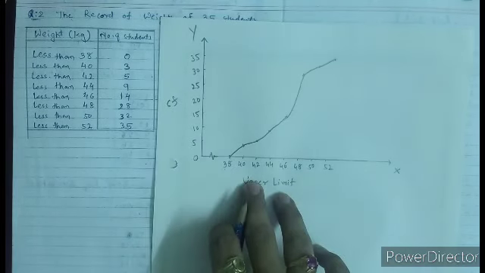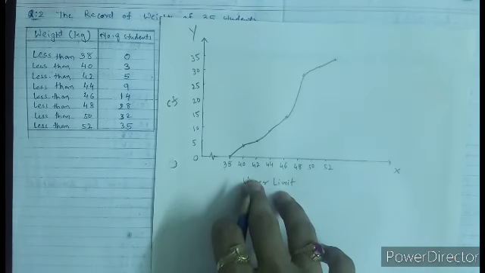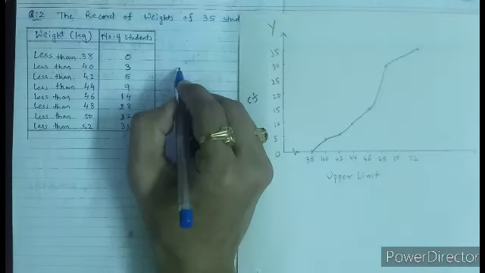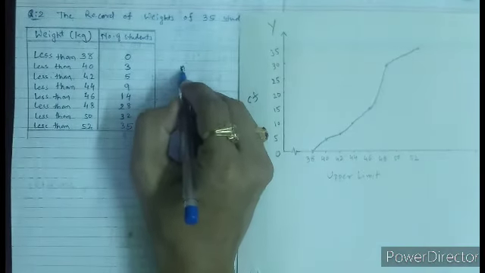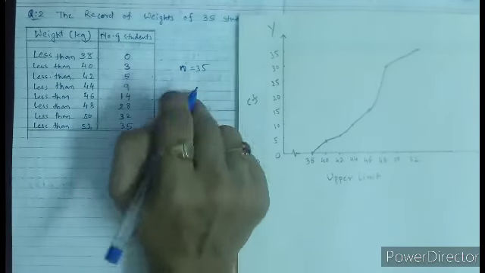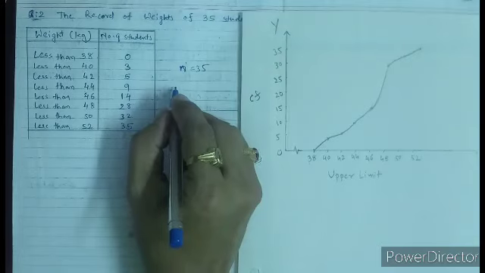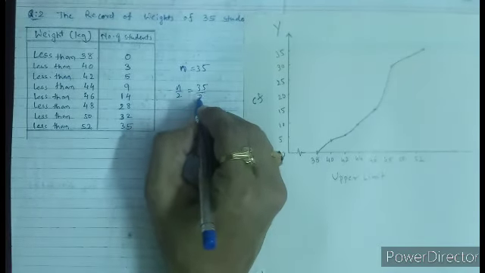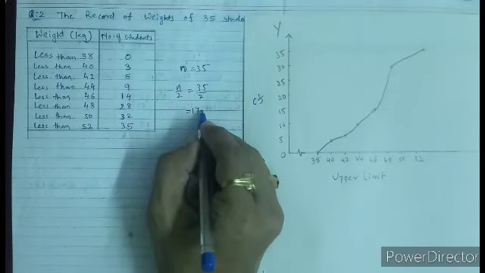In case of OGIVE, to obtain the median from the graph, first of all we have to get n by 2. Here n is total number of observations, 35, total number of students. N by 2 equals to 35 divided by 2, which is 17.5.